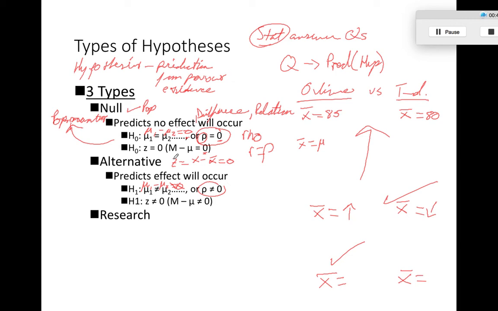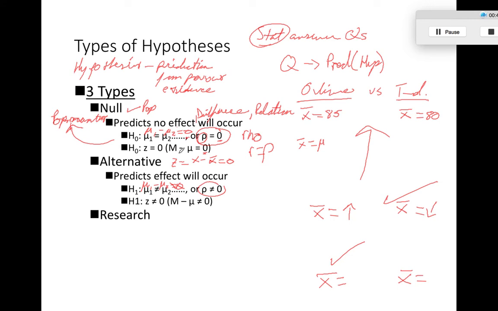The difference between my score and the sample mean in terms of standard deviations. But now here, the way that we're going to use with hypothesis testing is we're going to be looking at the difference between my sample mean and the population mean, and z would assume that the difference between those two would be equal to 0.